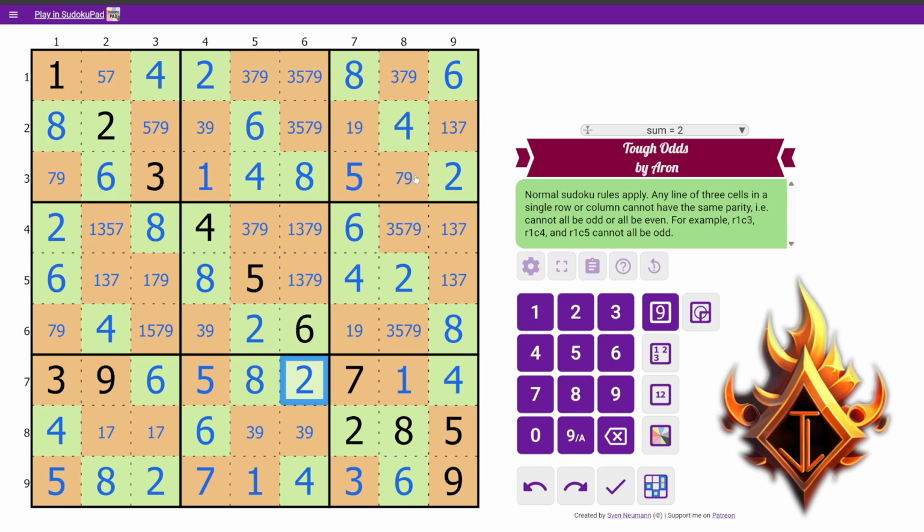Which makes me think I have to kind of do a trial and error thing. A 7. Do I map 7-9 around? Here's a 7-9.